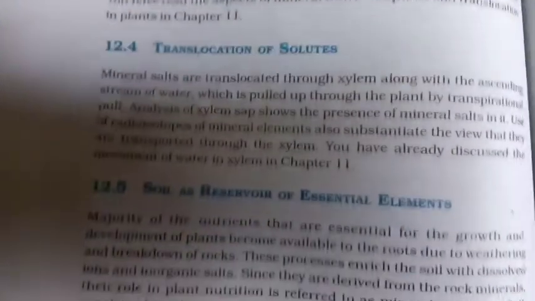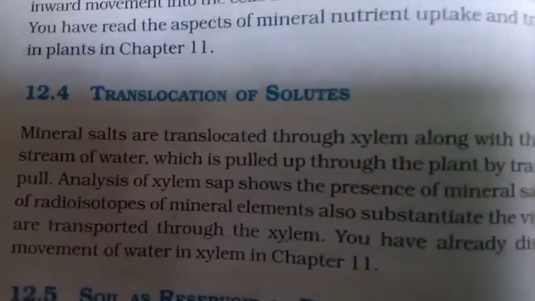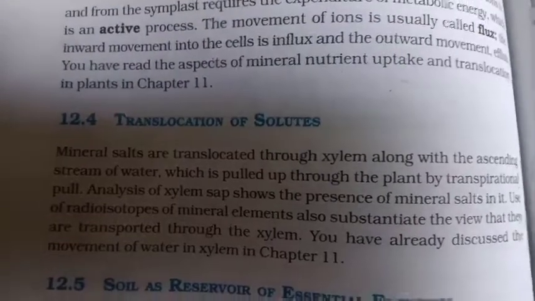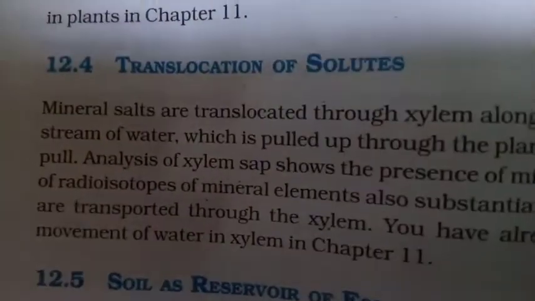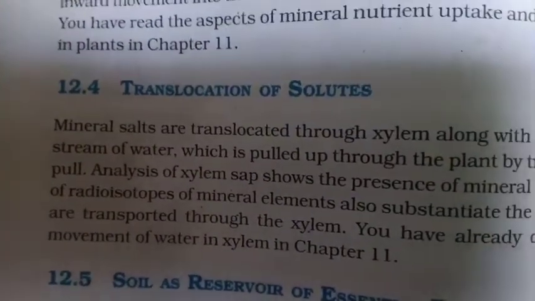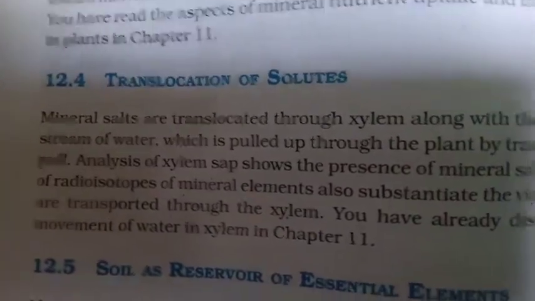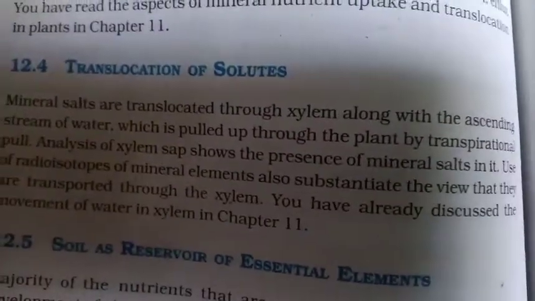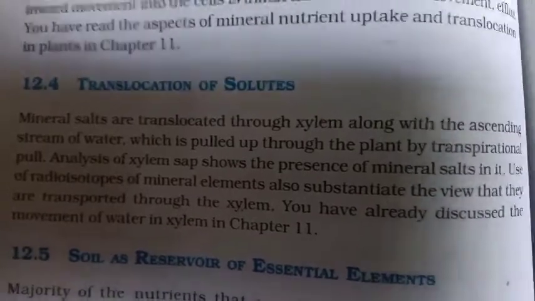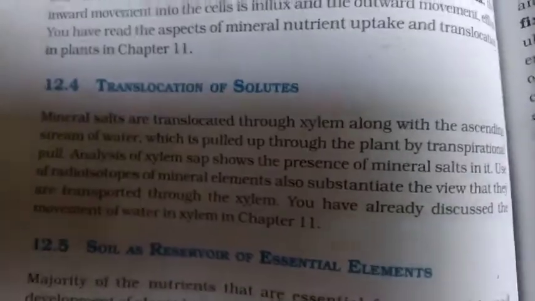Now, the solutes and mineral salts are translocated through the xylem along with the ascending stream of water, which we have previously discussed, how water is carried up to tall trees in the form of bulk flow or mass flow hypothesis. Here the mineral salts are again translocated through the xylem along with the ascending stream of water, which is pulled up through the plant by transpirational pull.